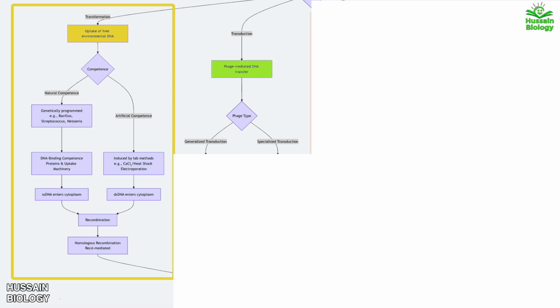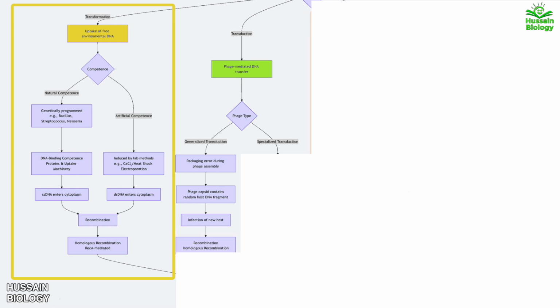In this mechanism, an error occurs during phage assembly. Instead of packaging only viral DNA, the phage accidentally packs a random fragment of host bacterial DNA into its capsid. When this defective phage infects a new host, it injects that bacterial DNA rather than the viral genes. This DNA can then undergo homologous recombination with the recipient's chromosome, leading to a stable recombinant bacterium.